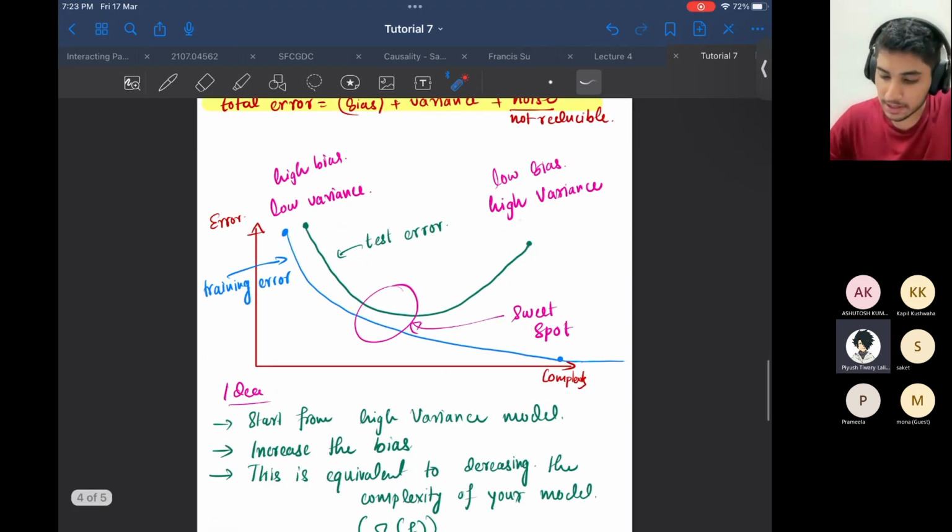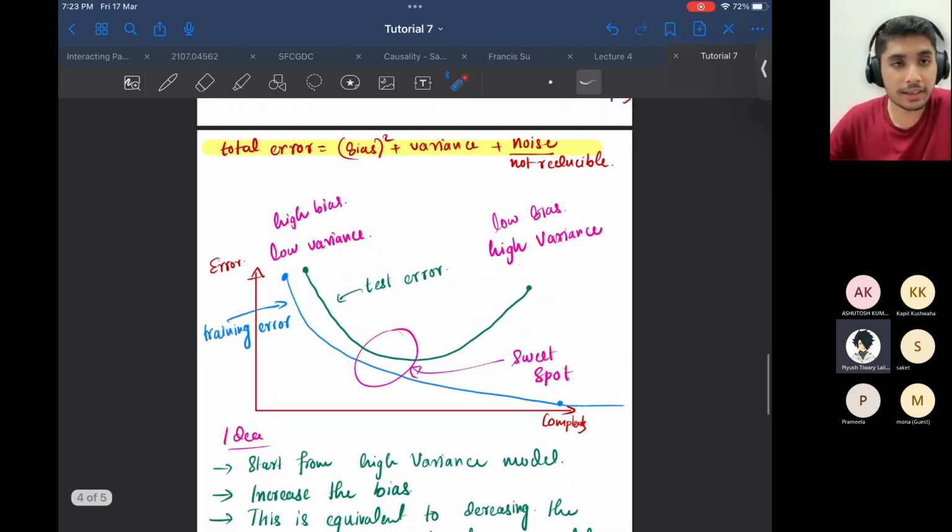So when I learned bias variance trade-off for the first time in my bachelor's, it didn't make much sense to me. It made sense only in a very intuitive and vague way. I saw some lectures where people talked about overfitting and underfitting.